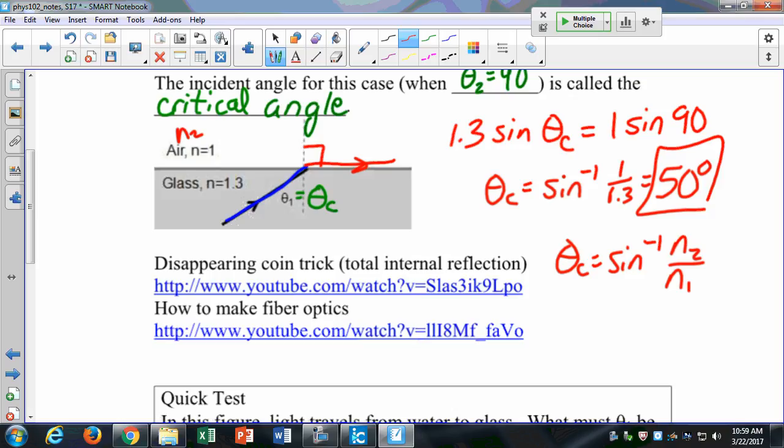It will never reach 90 degrees. So you cannot have total internal reflection if I'm moving from a low index to a high index. Let me write that down. You cannot have total internal reflection if moving from low to high index. Is it two words or one word in this case? Is it can, not, or cannot?